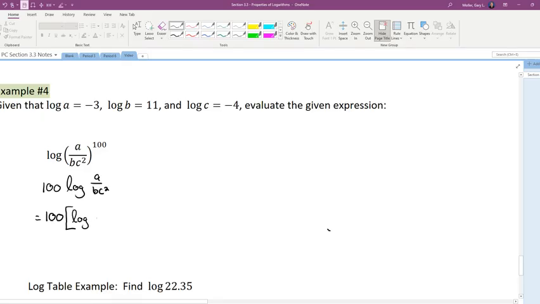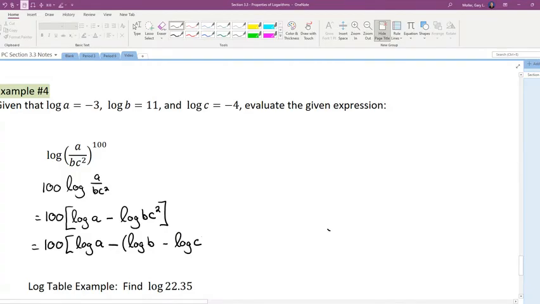So log of a minus log of bc squared equals 100 log of a, minus, and then either parentheses or distribute as you go. I'll go ahead and do parentheses right now. Turns into log of b minus log of c squared.